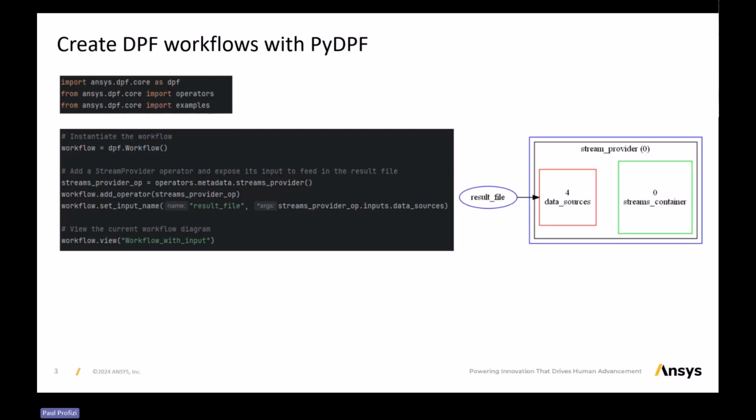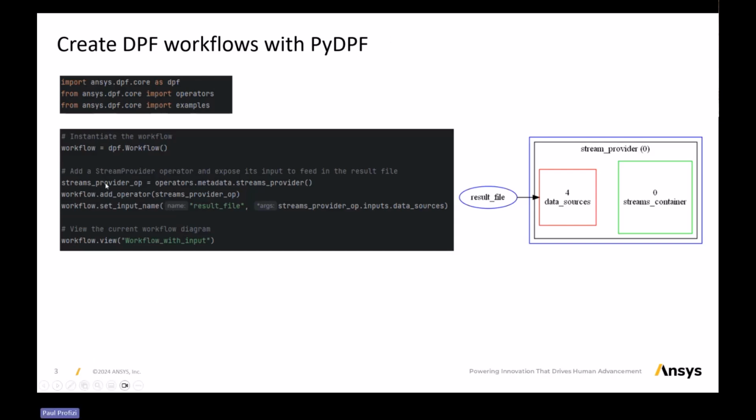What you can build based on the data sources is a stream, what we call a streams container. The nice thing with that is that it's going to handle a little bit of caching for you. So for example, if in your workflow you request the same mesh multiple times in different operators, it's going to cache it and not recompute everything. So the overall workflow is a bit faster.